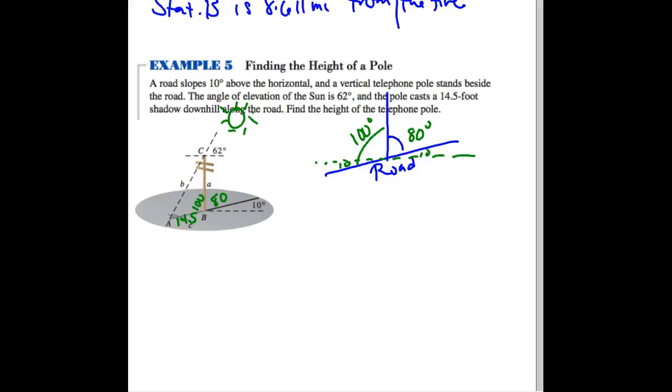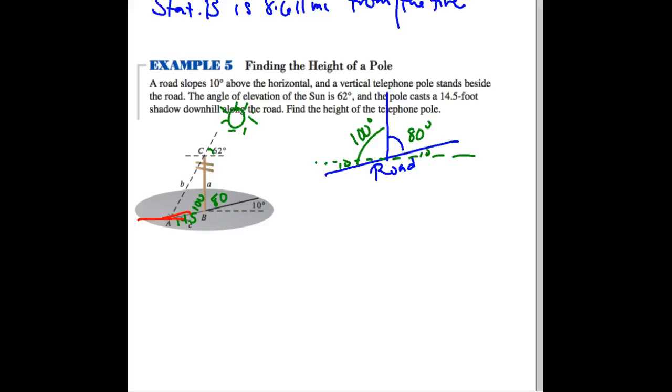Angle A is similar to the 62 degrees, but not quite. Again, because the road is slanted. Okay? So if this angle of elevation to the sun, from horizontal looking up to the sun, was 62 degrees, that means from horizontal down here, looking up would be 62 degrees. But we aren't horizontal. We've cut off 10 degrees of that.